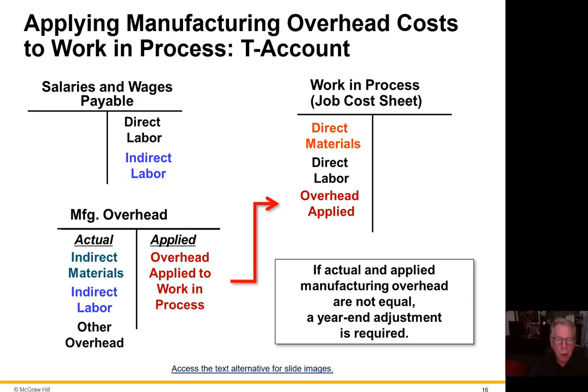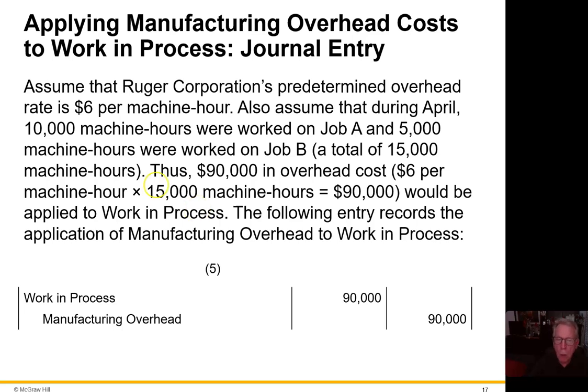Okay, so here we're going to assume that Ruger's Corporation's predetermined overhead rate is $6 per machine hour. And we're also going to assume that during April, 10,000 machine hours were worked on job Alpha and 5,000 were worked on job Bravo, for a total of 15,000 machine hours.